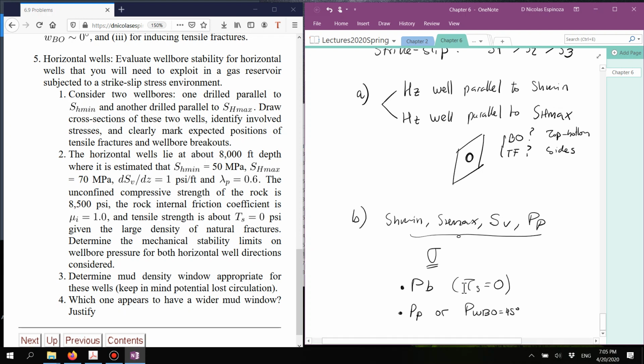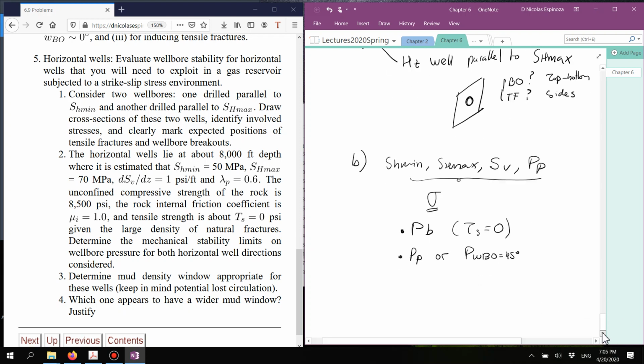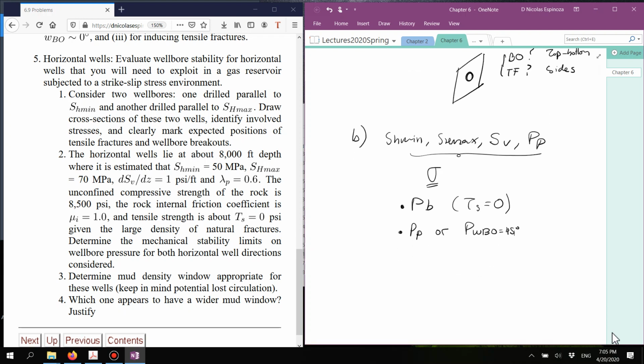And after you determine that, then you're going to have to compute, well, actually this should be the entire upper bound, which is the next point. So here, just compute PWBO 45, and then you determine the mud window.